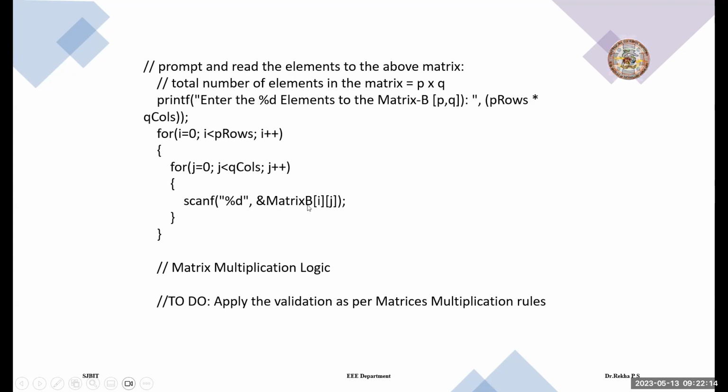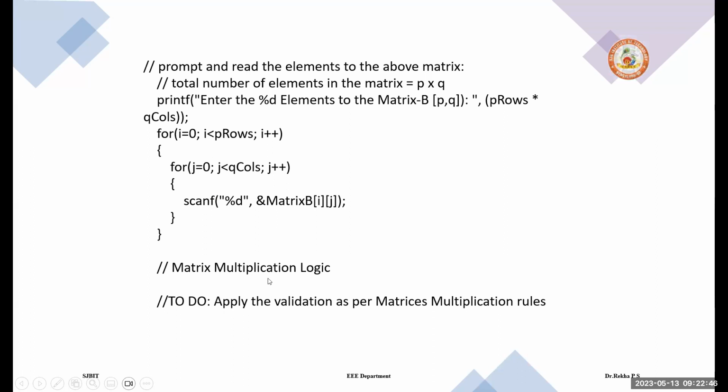You are putting the value into matrix B, which will store in 0, 0 first. Again, j is incremented. The value will be stored in 0, 1, 0, 2, as long as this condition is satisfied. Once this condition fails, the outer for loop will be executed, i is incremented, and the values continue like this. So i is now 1, 1, 0, 1, 1, like that. It goes on.